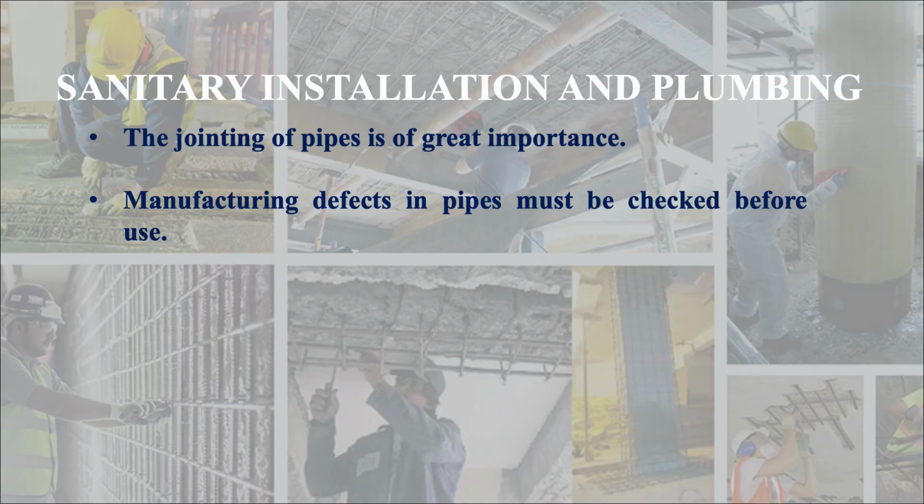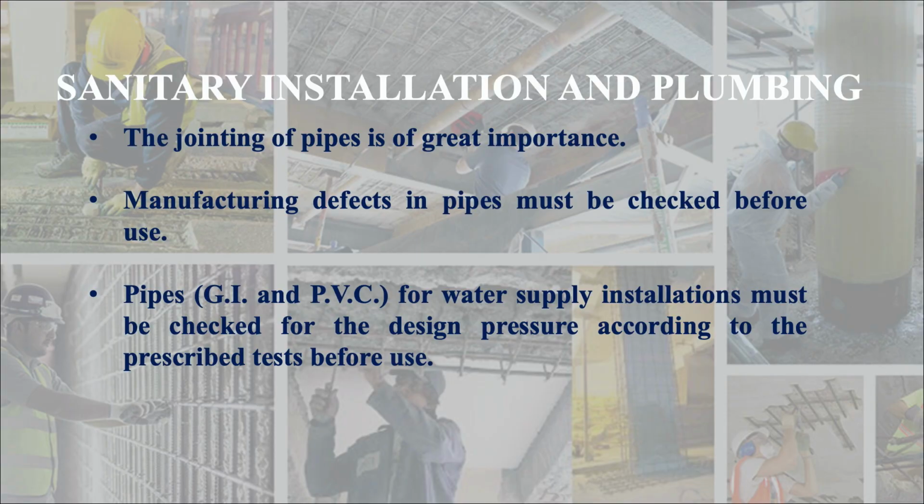Manufacturing defects in pipes must be checked before use, because if you are using defective pipes, then certainly problems will come in future, and it will damage and deteriorate the building. Pipes, both GI type or PVC, for water supply installations must be checked for the design pressure according to the prescribed test before use.